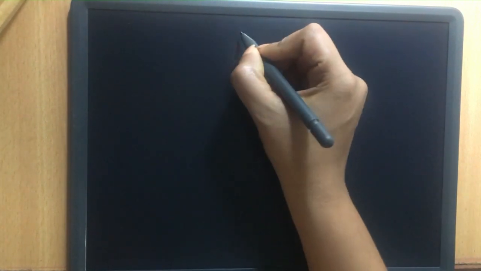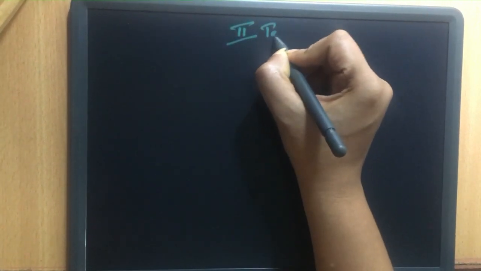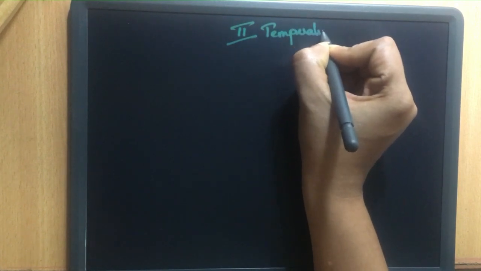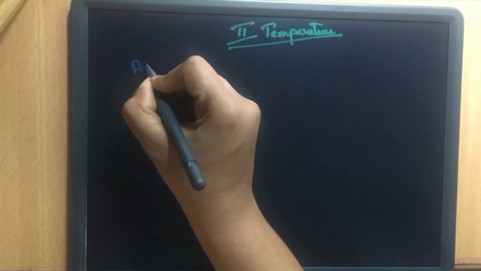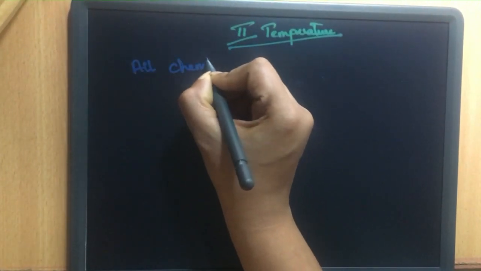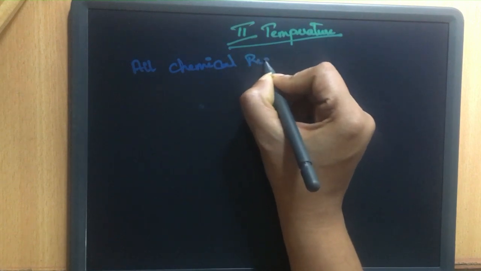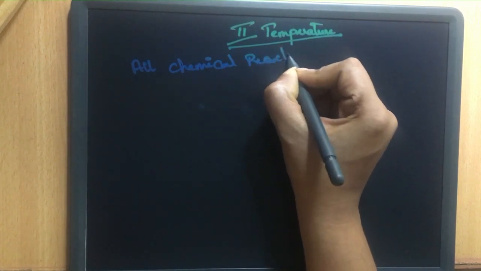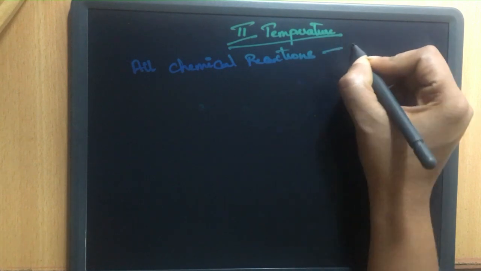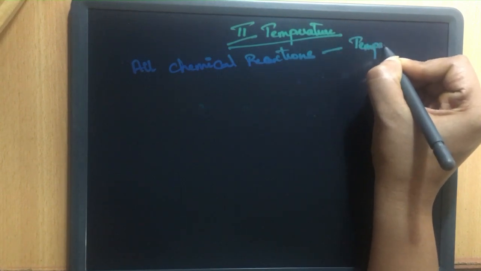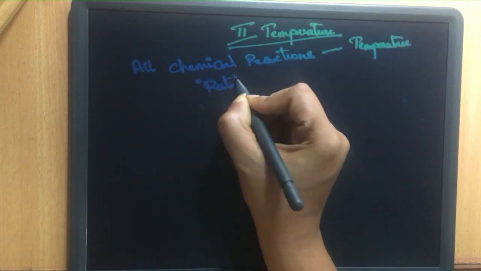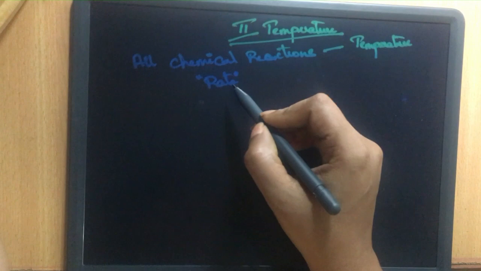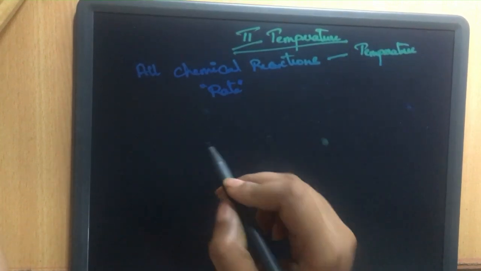Now let's move to the second physical agent, that is temperature. Students, we know that all chemical reactions are influenced by temperature. The rate at which these reactions occur is dependent on the temperature.